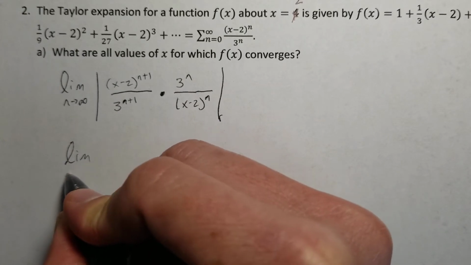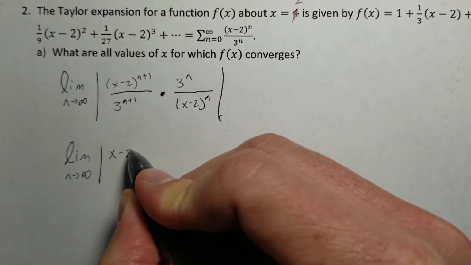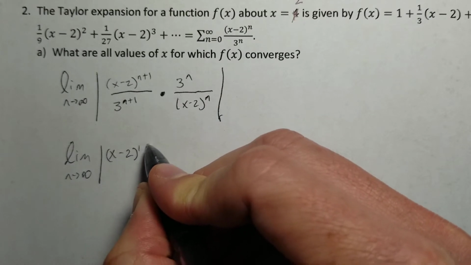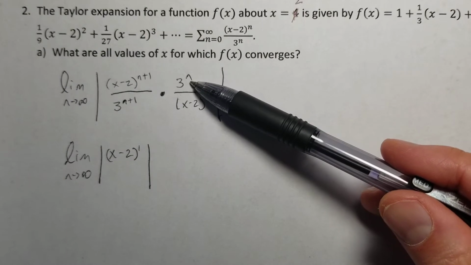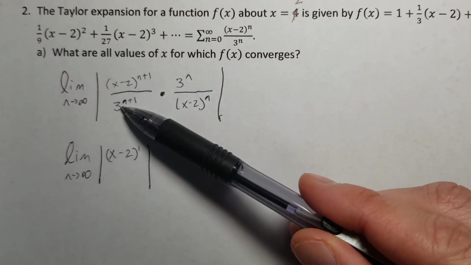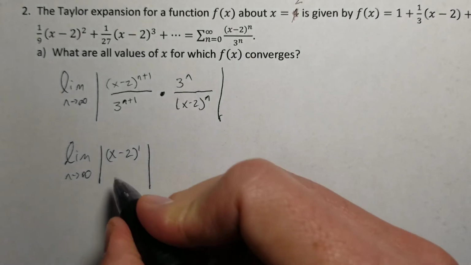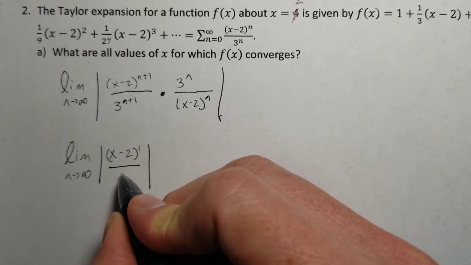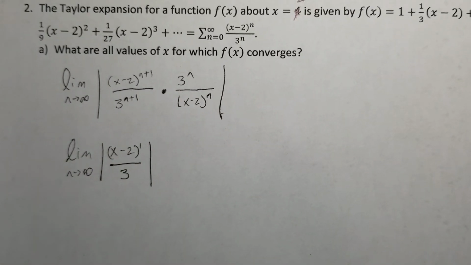So the limit as n goes to infinity of the absolute value of x minus 2 to the first power, all over. Now let's simplify 3 to the n over 3 to the n plus 1. Again, if we're subtracting these, the n's will subtract out, and we'll be left with 3 to the negative first, or just 3 to the first in the denominator.